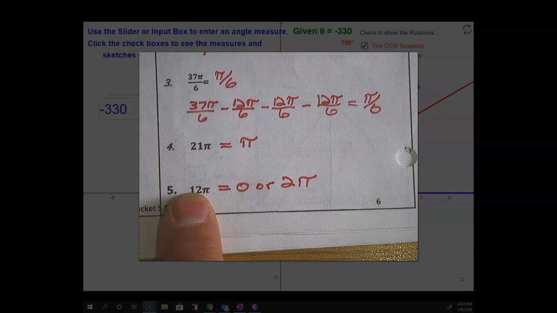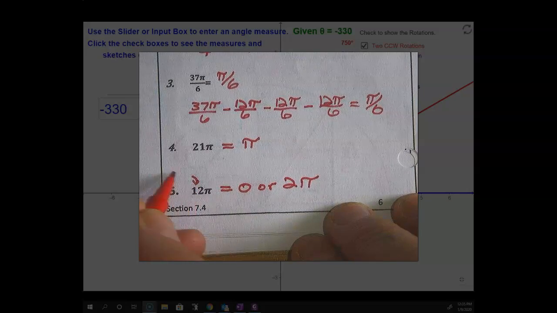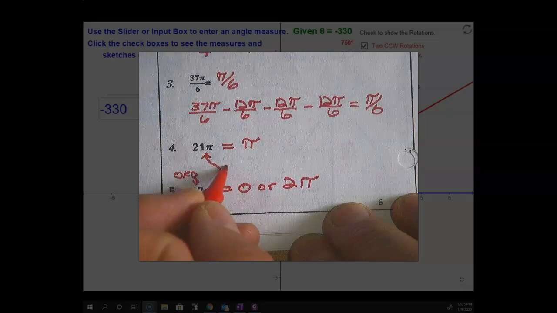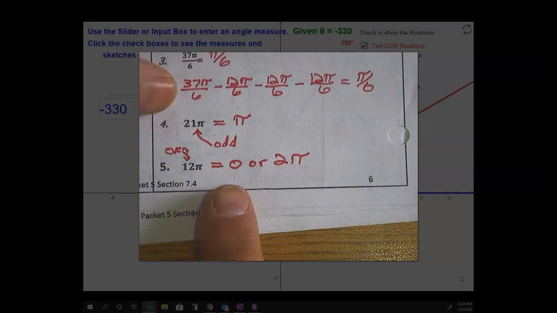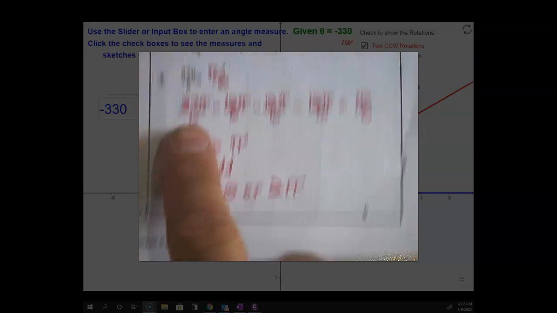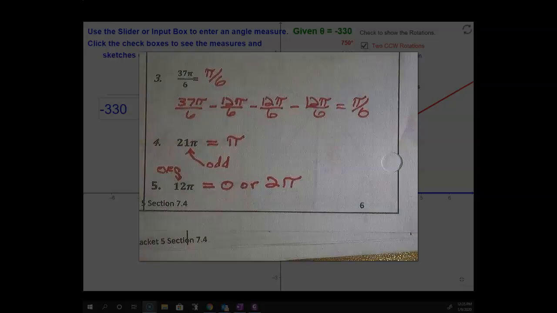That's even. That's odd. So no matter what it is, if it's just plain old odd pi, see it's not a fraction, then it's one of these two.